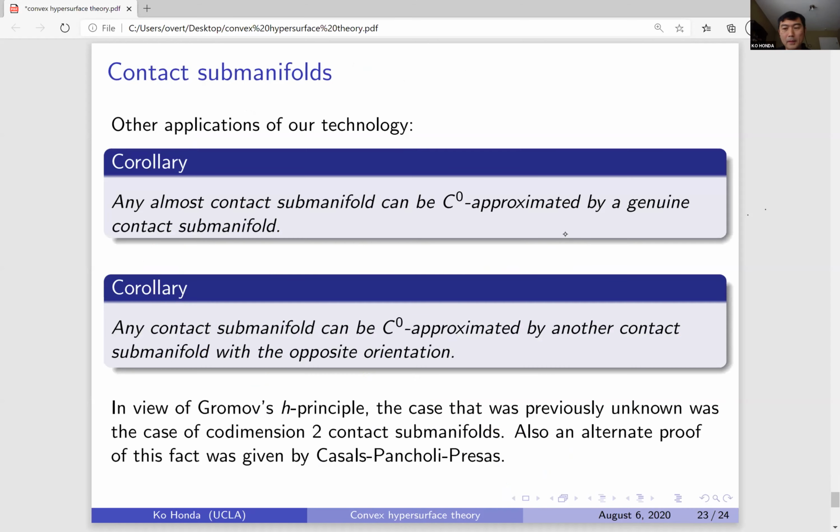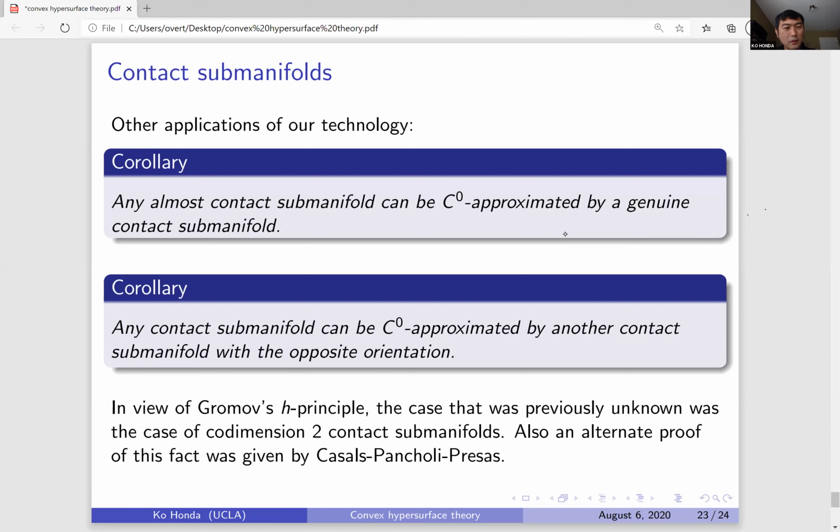Let me comment a little bit about some applications of our technology. The first thing is that any almost contact submanifold can be C0 approximated by a genuine contact submanifold. So this is an existence h-principle for contact submanifolds.